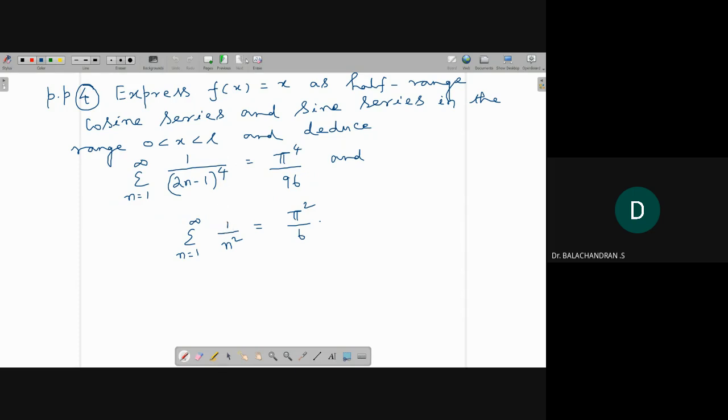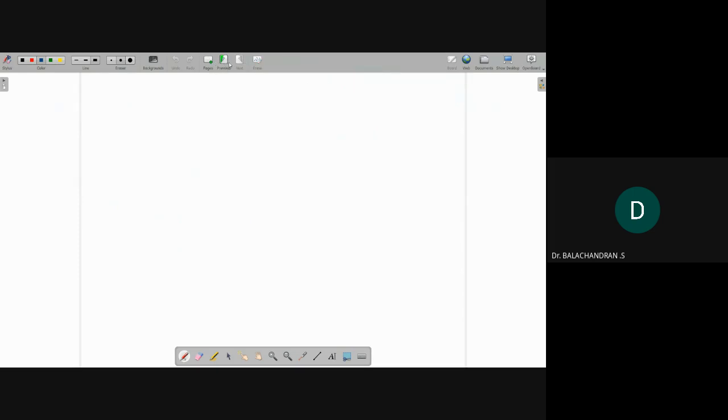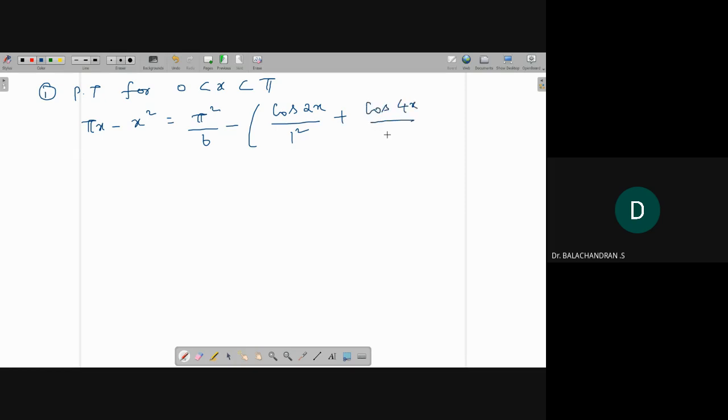Last problem. Prove that for 0 less than x less than pi, pi x minus x square equal to pi square by 6 minus cos 2x by 1 square plus cos 4x by 2 square plus cos 6x by 3 square, and so on.